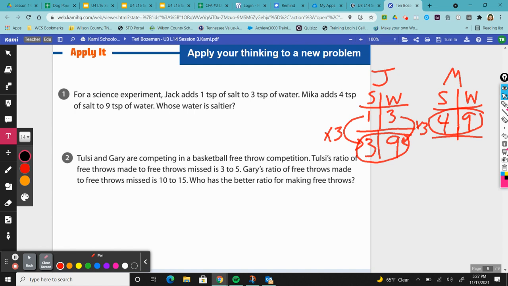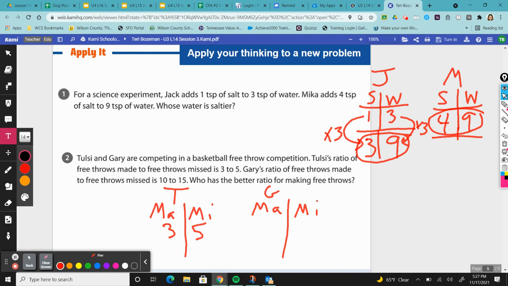So lots of information in one little problem, right? So we have Tulsi. She's got a ratio of made to missed. Made to missed is 3 to 5, right? Gary has a ratio of made to missed.